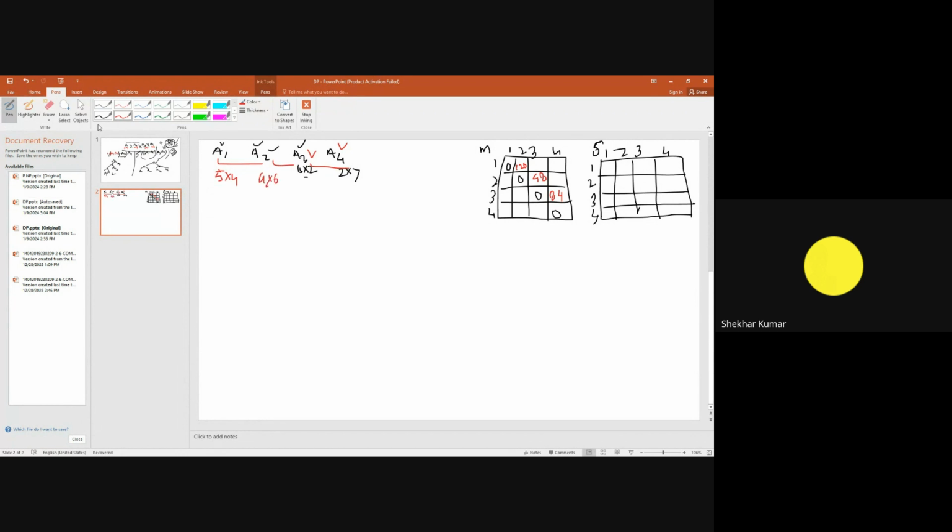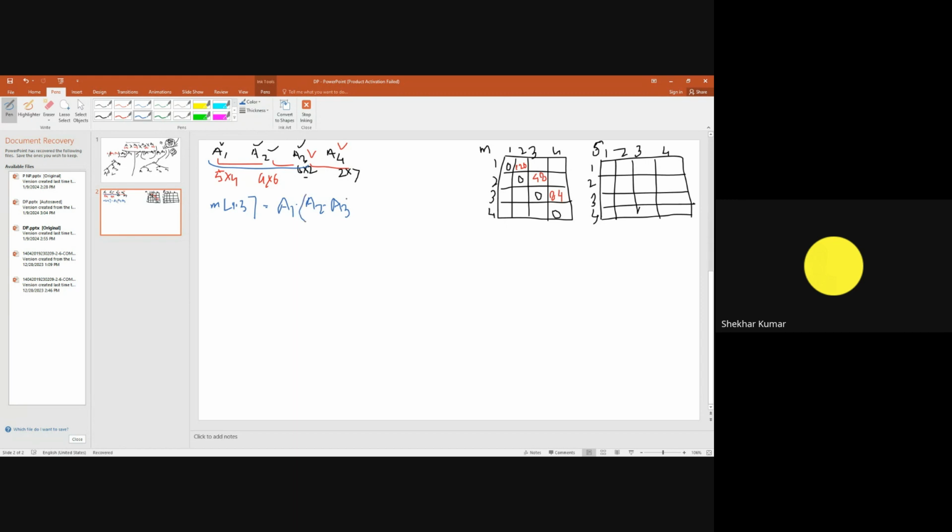Okay, so now the next is M1,3. I'm multiplying these three matrices, that is A1 multiplied with A2 and A3. Now there are two approaches to multiply three matrices.